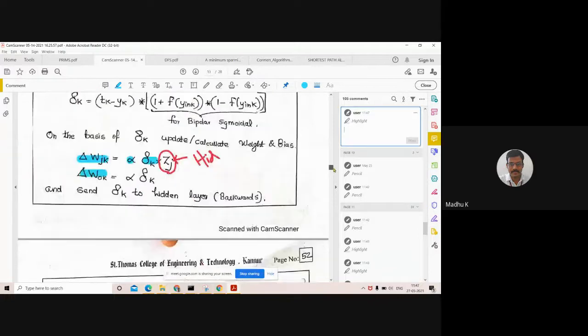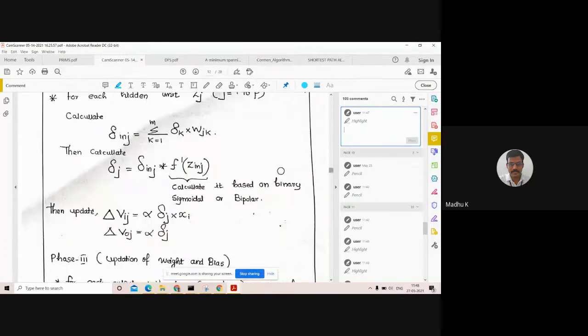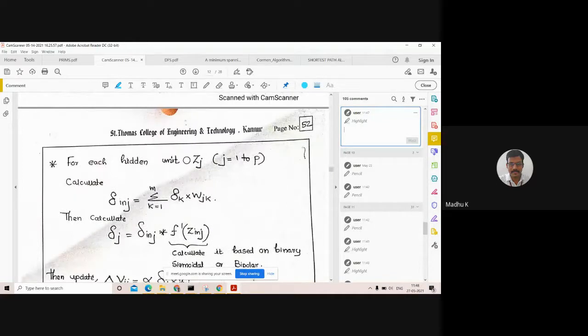Okay. So these terms are calculated, and we send rho k back to the hidden layer. Then for each hidden unit j, we calculate rho in j.